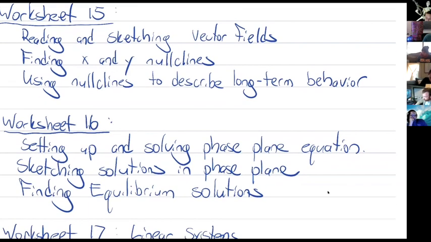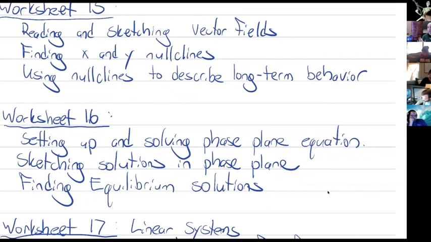In worksheet 16, that was mostly working with systems, linear and nonlinear at that point. But rather than finding solutions for X and solutions for Y separately, we first talked about how we can write out the phase plane equation, which was dy/dt over dx/dt, and how we can solve that.